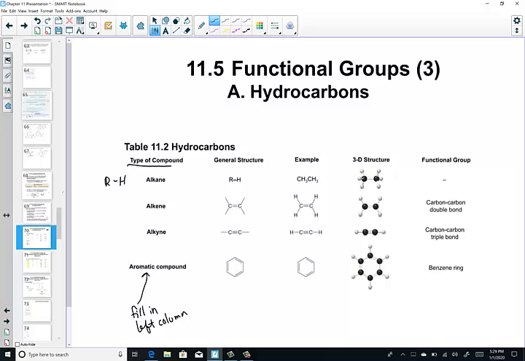Then you'd see the alkene has the double bond. An alkyne has a triple bond. So this is what we're writing. I should probably highlight, otherwise we can't see it. We have an alkane, alkene, alkyne, and aromatic compound. Define the 3 terms next to the general structure. And it is our job to work to memorize these types of functional groups.